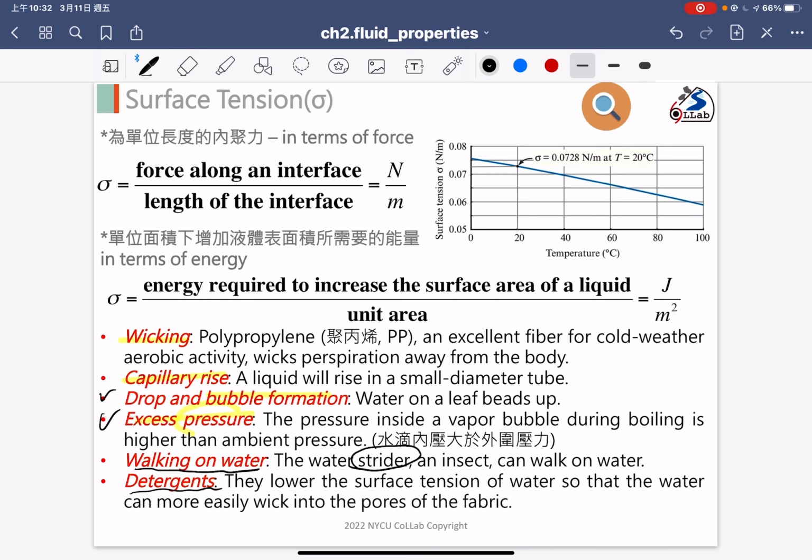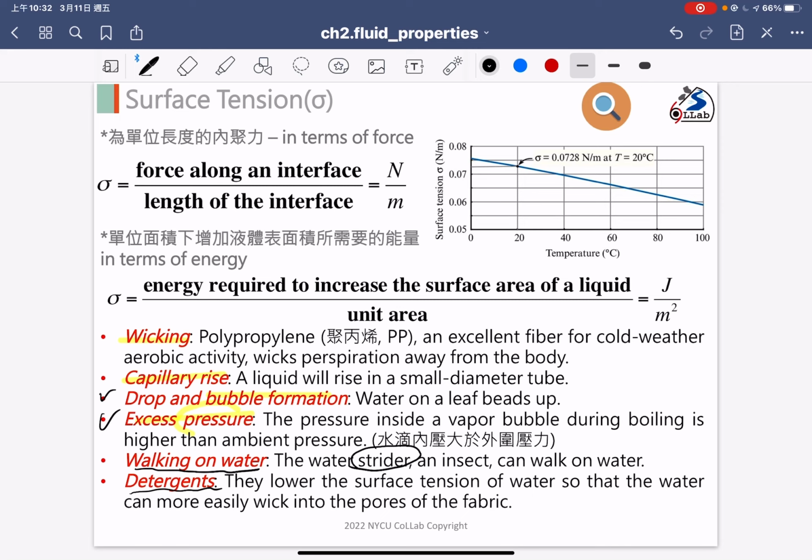If you don't break the water surface tension and the cohesion force, the water will always flow the same way. So the detergent can break the cohesion force between the water molecules, so the water molecules can freely wash the dirty material outside.